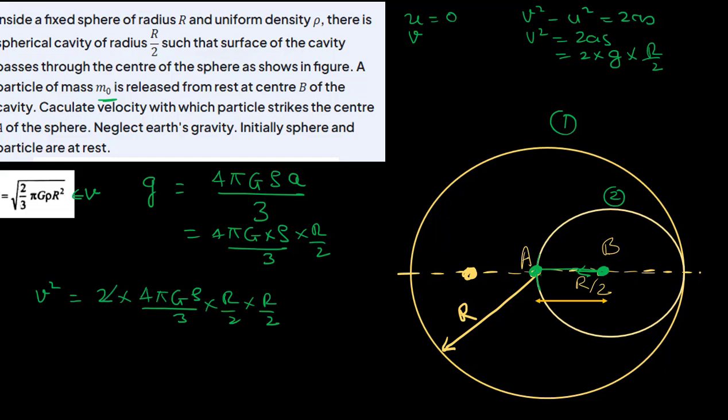The 2 and 2 get cancelled out, so I'll get 2 upon 3 pi g rho r square. So this is v square, and therefore v will be equal to the square root of 2 upon 3 pi g rho r square. So this is the velocity when the mass reaches point A.